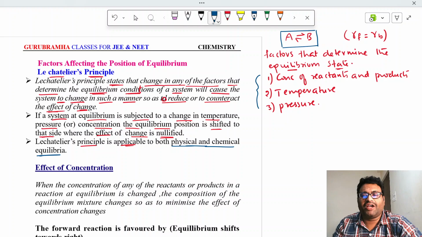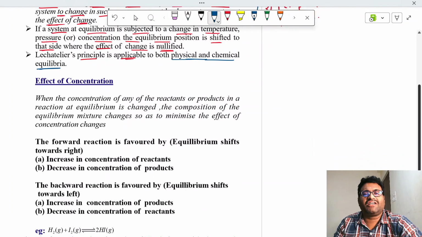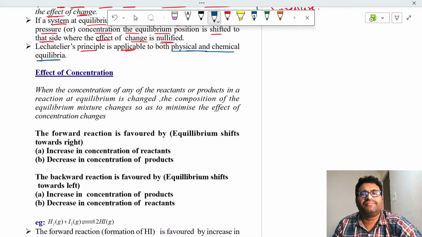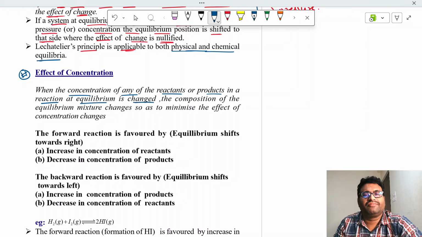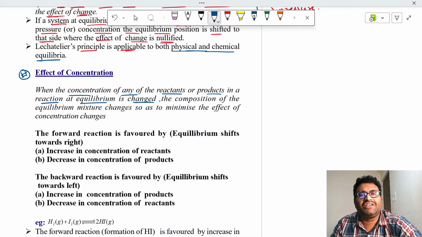So let us see how these factors affect the equilibrium and how the reversible reaction counteracts the effects. Okay, first one is the effect of concentration. When the concentration of any of the reactants or products in a reaction at equilibrium is changed. Already a reaction is at equilibrium. Now what are you doing? You are changing the concentration of a reactant or a product.